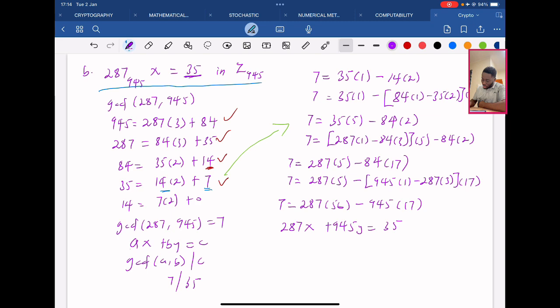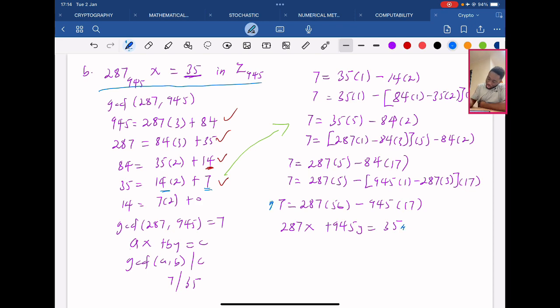And if you compare this equation to this, you can clearly see that there are some similarities, right? Okay. Now, because 7 was a divisor of 35, we have to multiply this 7 by 5 to get this 35.